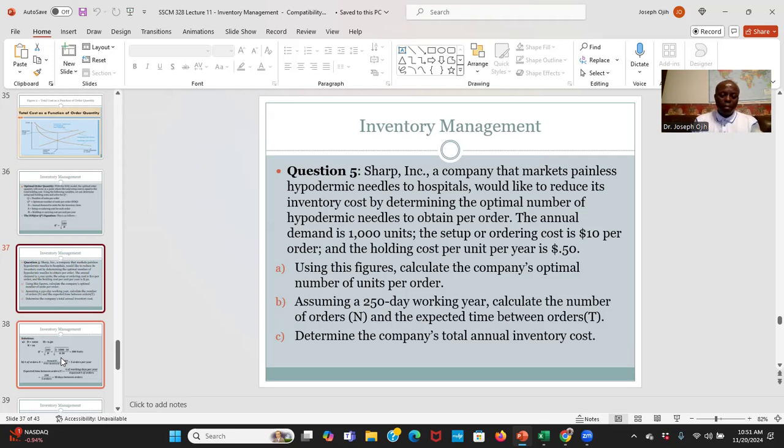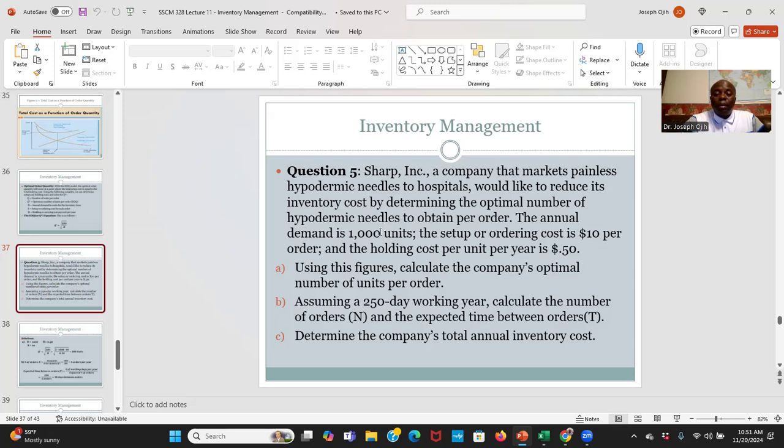So let us solve this question as an example. It says Sharp Incorporated is a company that markets painless hypodermic needles to hospitals, and it would like to reduce its inventory cost by determining the optimal number of hypodermic needles to obtain per order.